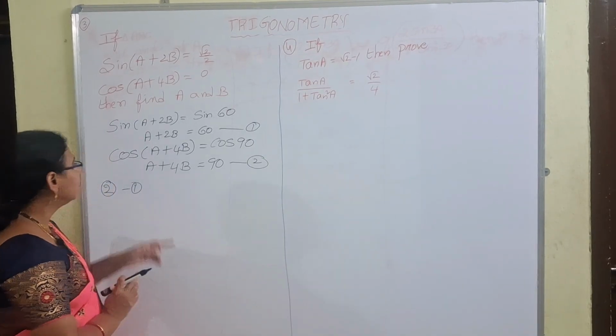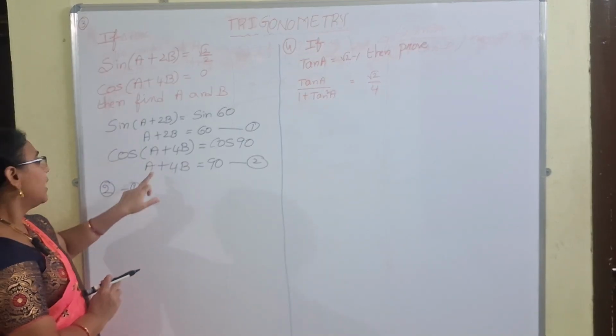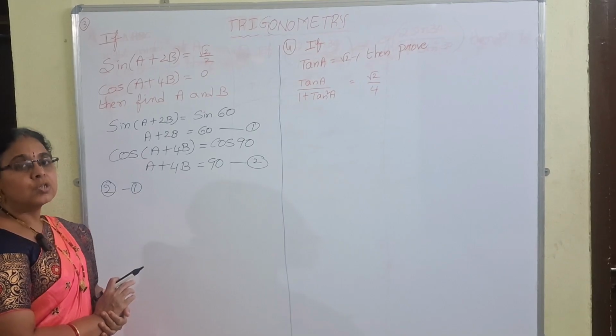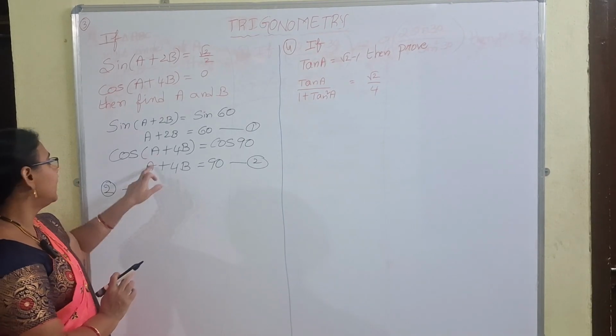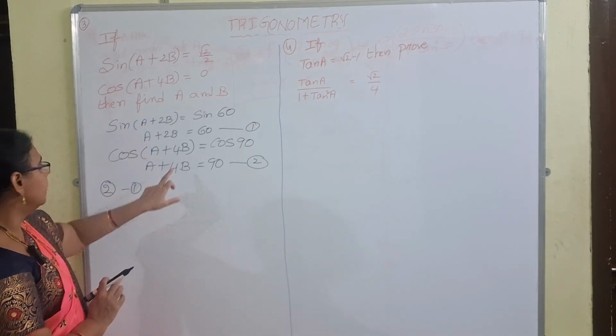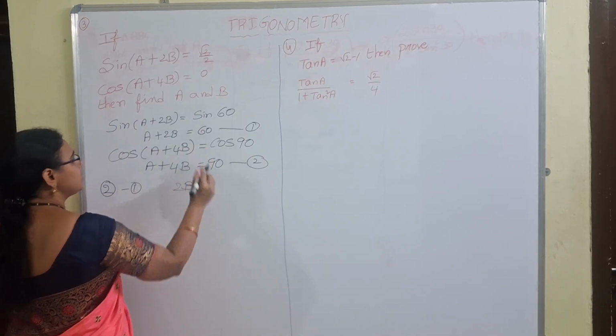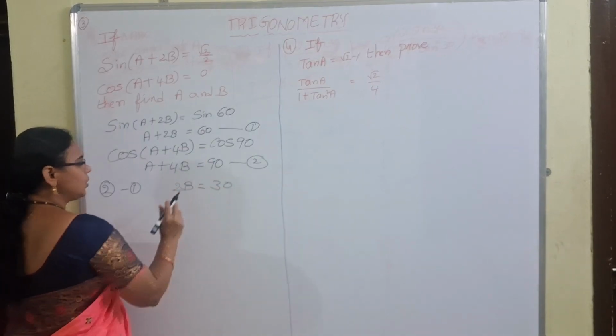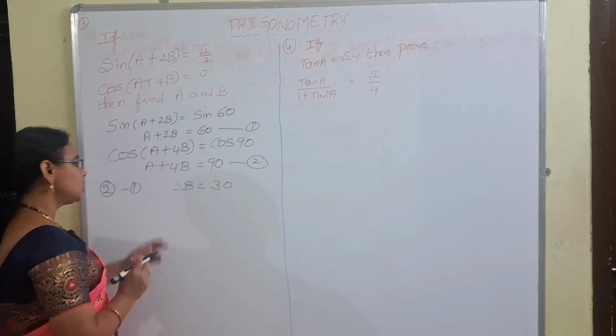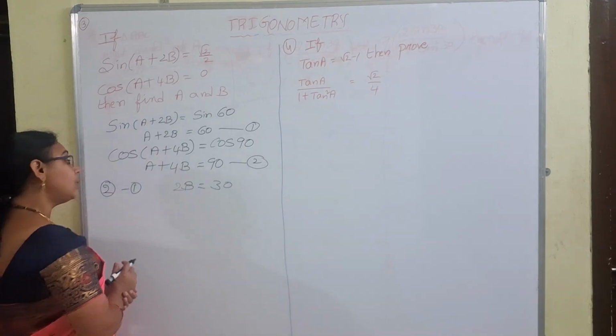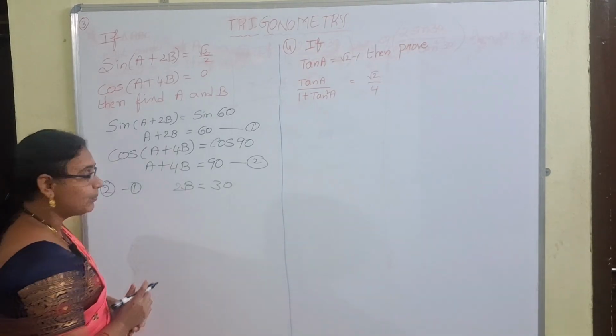In the first equation you have a and in the second equation also you have a, so I want to subtract. a minus a cancels. 4b minus 2b is 2b. 90 minus 60 is 30. What do you want? b. With b, which number do you observe? It's 2. What operation is going on? It's multiplication.